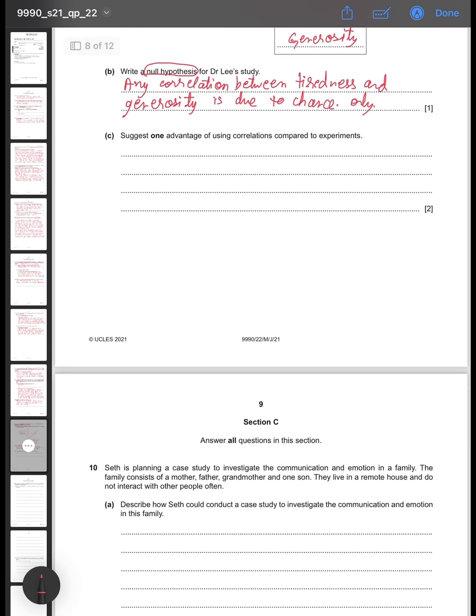Now you need to suggest one advantage of using correlations compared to experiments. So you need to compare the advantage or the strength of correlation to experiments.